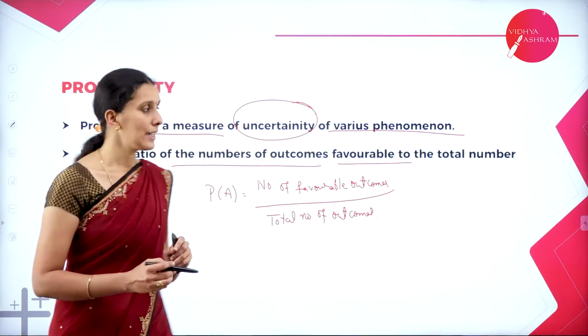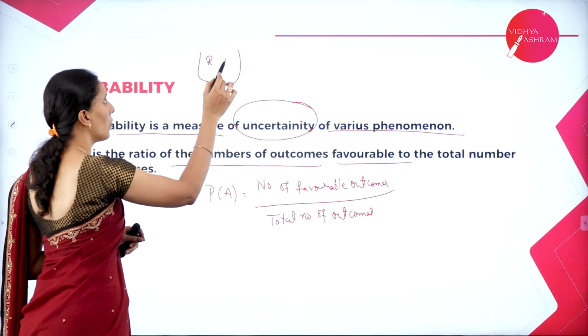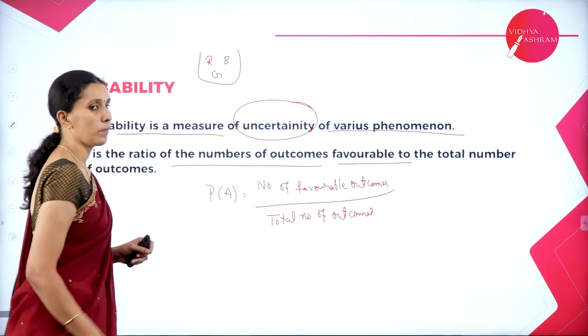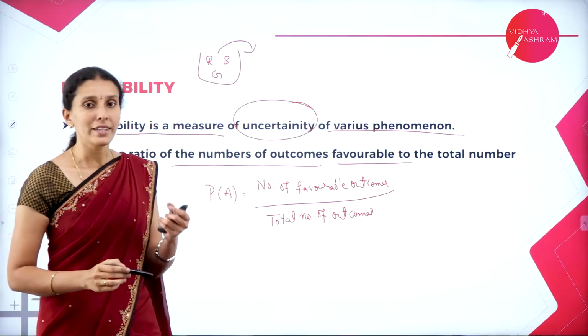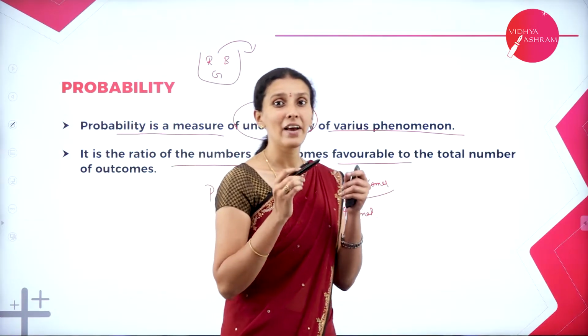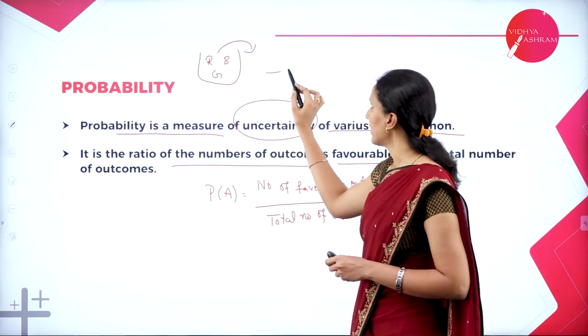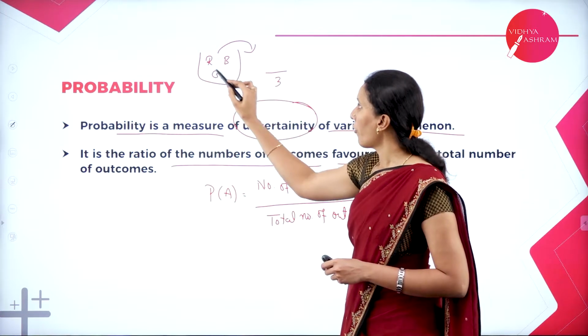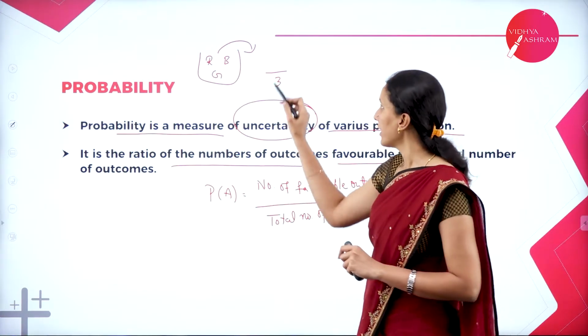Let me consider a bag. A bag contains one red ball, one black ball, one green ball. You want to take one ball from the bag. What is the chance of getting a red ball? The total number of balls here is 3 and the number of favorable outcomes, that is the chance of getting a red ball, is only 1.